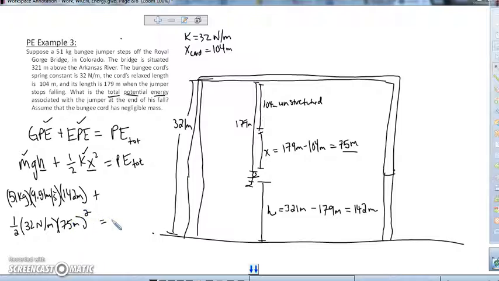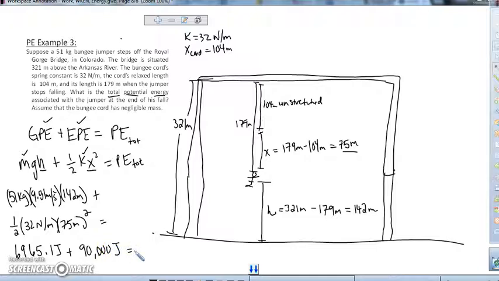So I'll do both numbers separately just to show you what the numbers look like. So I get 6965.1 joules plus, now I'm doing the spring, 90,000 joules.